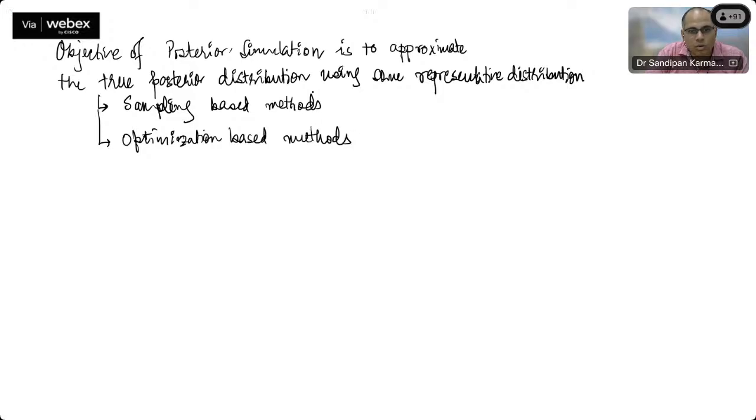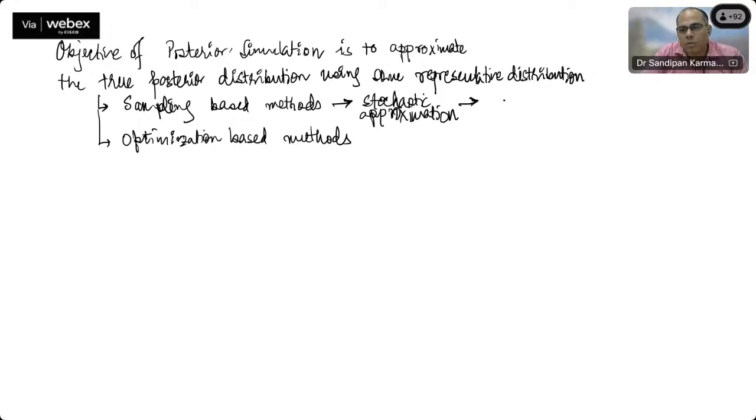Here, sampling based methods are also called stochastic approximation. Rejection and importance sampling generally are not categorized as stochastic approximation, but you can club them. It is also sampling based methods, right?